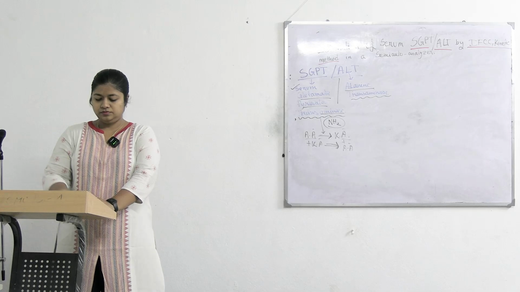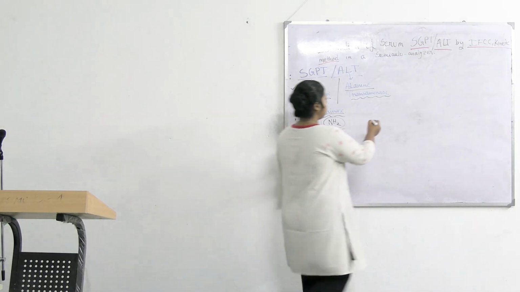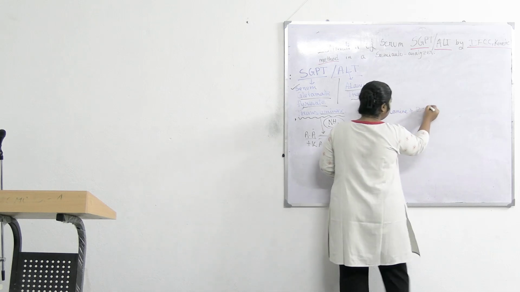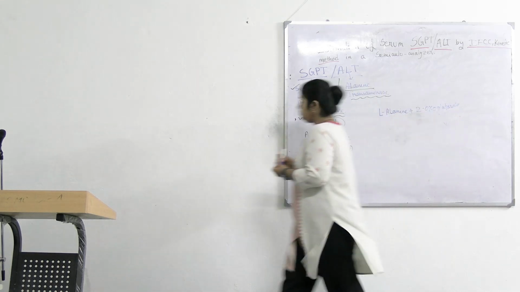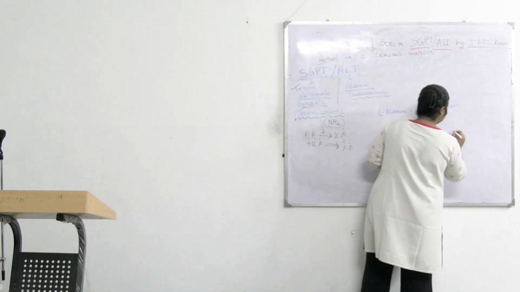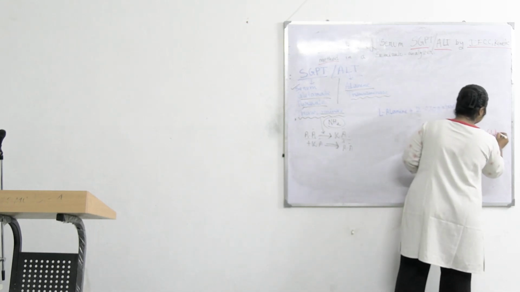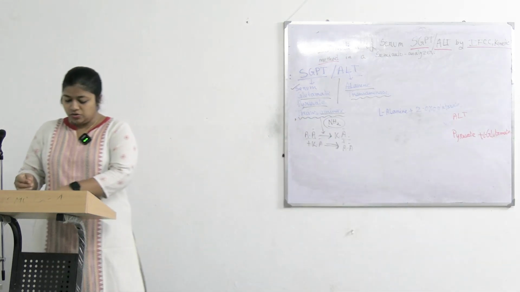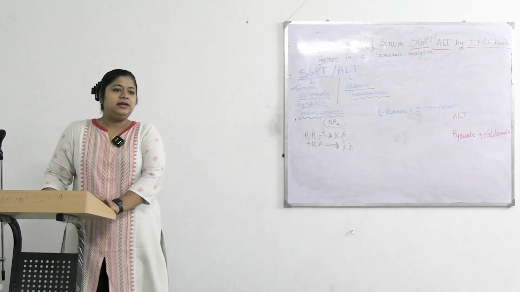L-alanine plus 2-oxoglutarate. Clear? Alanine plus 2-oxoglutarate by ALT will be converted into pyruvate and L-glutamate.